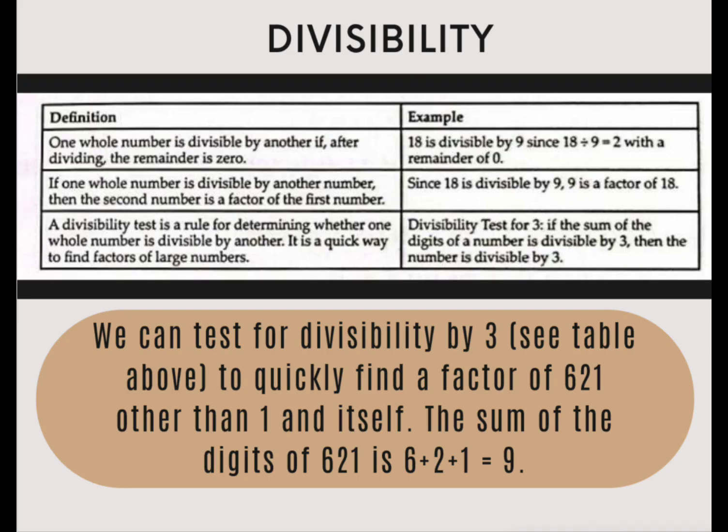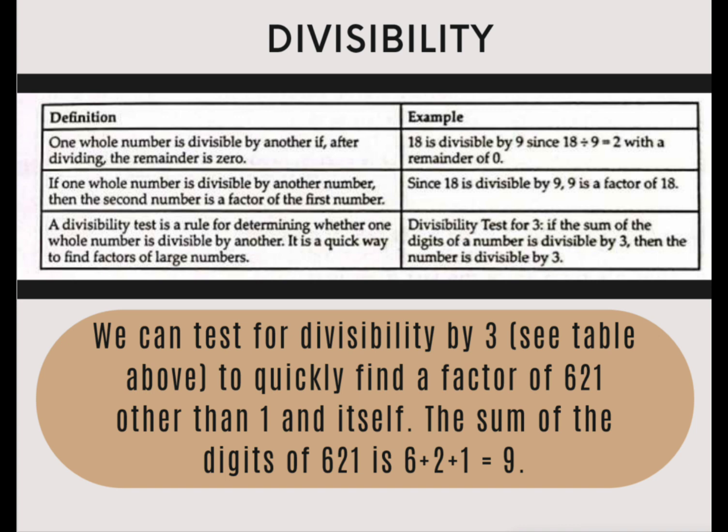So these are the definitions of divisibility. First, one whole number is divisible by another number if after dividing, the remainder is 0. Example, 18 is divisible by 9, since 18 divided by 9 is equal to 2 with a remainder of 0. That is divisibility.